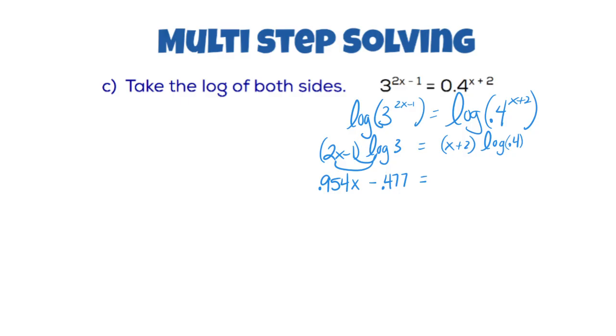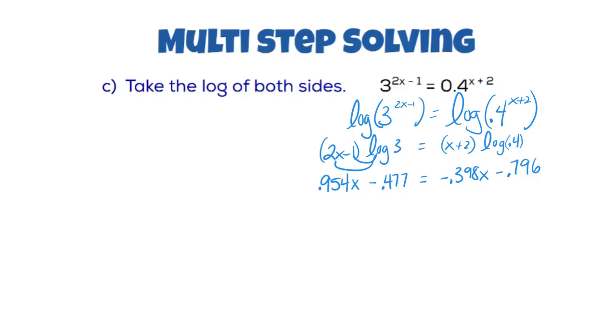I'm going to take the log of 0.4 and distribute it. So this is going to be negative 0.398x, and then I'm going to take it times 2 to distribute it to the 2. So that's going to turn into a minus 0.796.